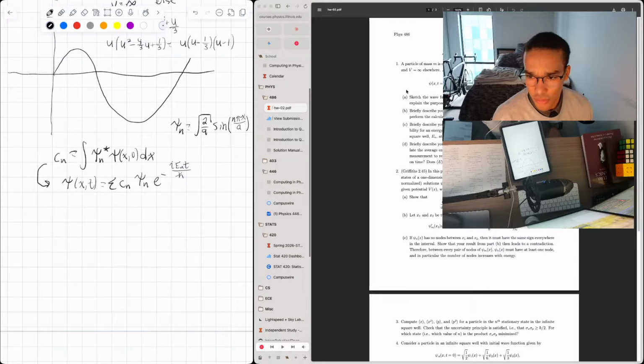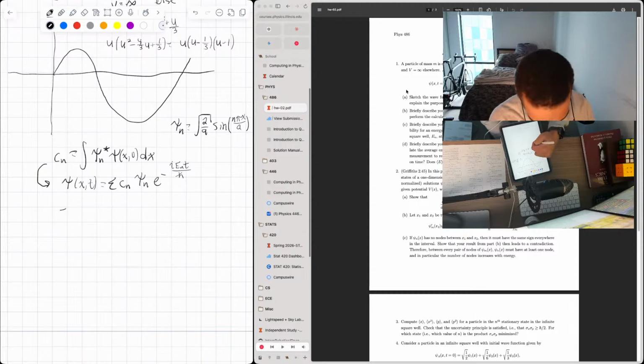For using your result from B to find the probability for an energy measurement to yield one of the allowed energies of the infinite square well. Well, so the allowed energies are these ones.